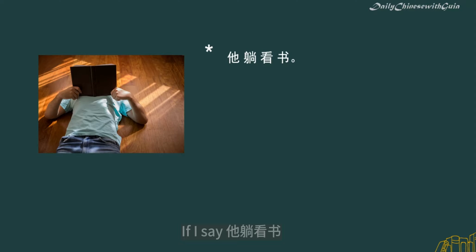Let's continue. Look at this photo. The guy is lying down and reading a book, right? If I say 他躺看书, is it right? Is this sentence correct? No, it's not correct. If I say 他躺看书着, now is it correct?